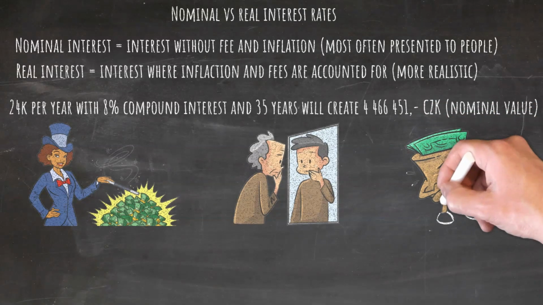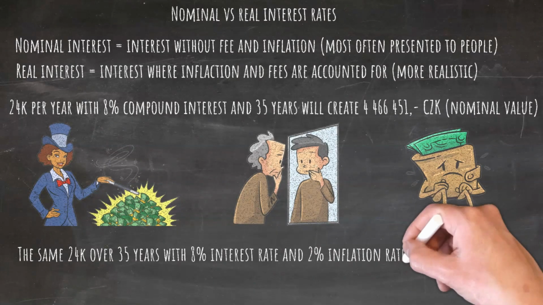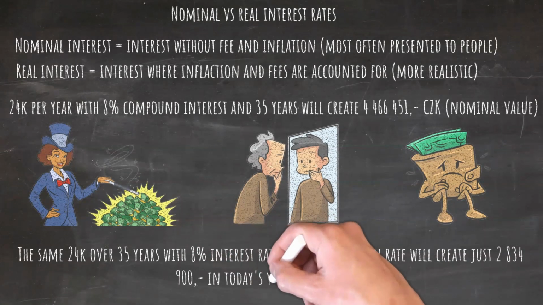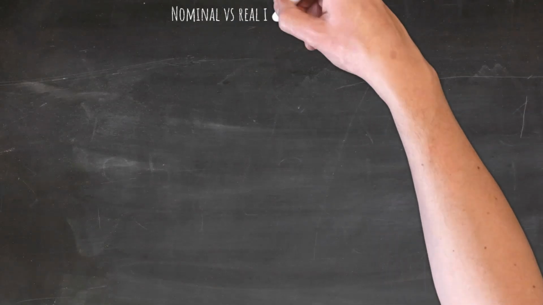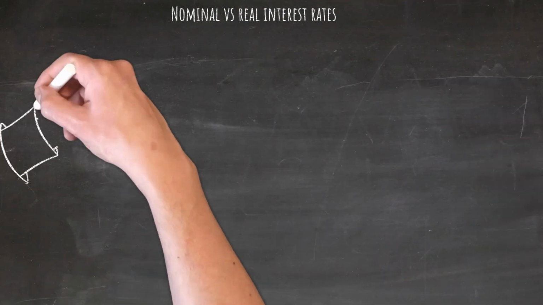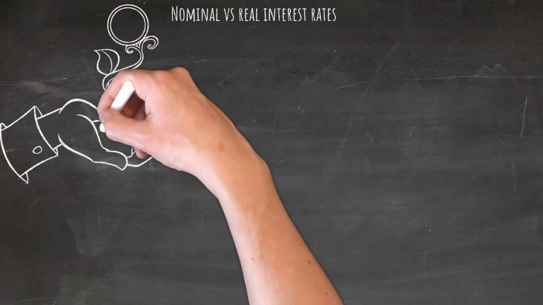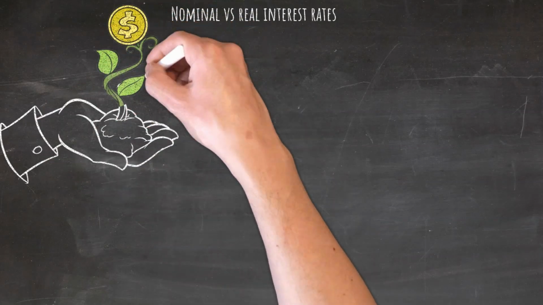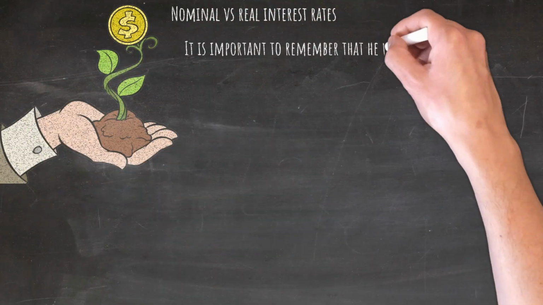So the same 24k over 35 years with 8% interest rate and 2% inflation will create just 2,834,000 and some small change. So how is it possible that we will end with a smaller amount of money? Because we have to distinguish between nominal and real interest rate, and that will create a big difference.